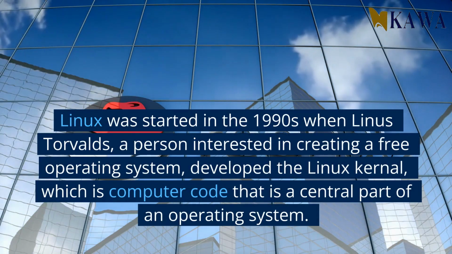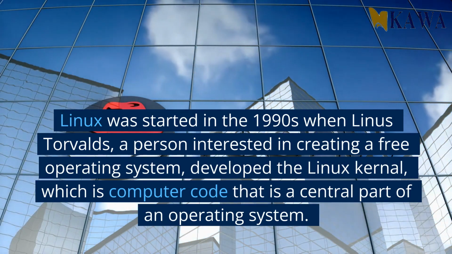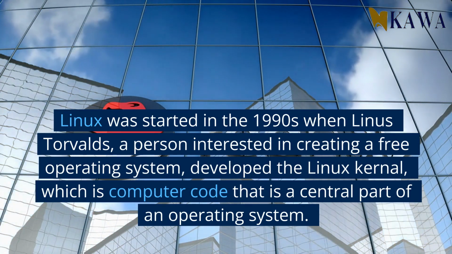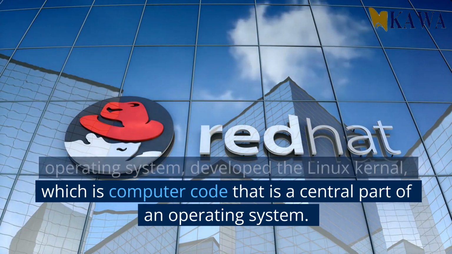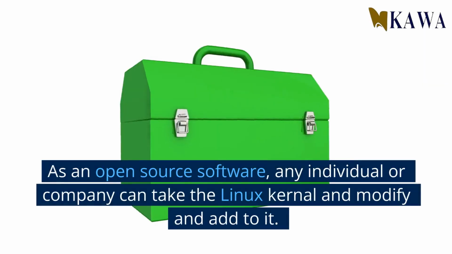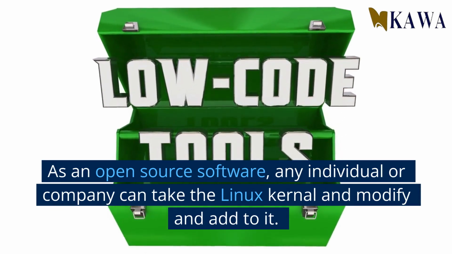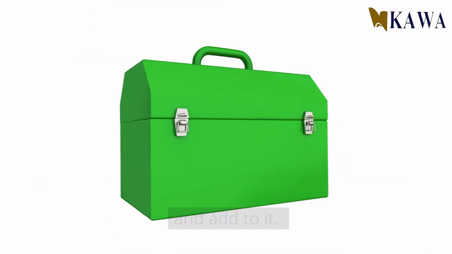Linux was started in the 1990s when Linus Torvalds, a person interested in creating a free operating system, developed the Linux kernel, which is computer code that is a central part of an operating system. As an open-source software, any individual or company can take the Linux kernel and modify and add to it.